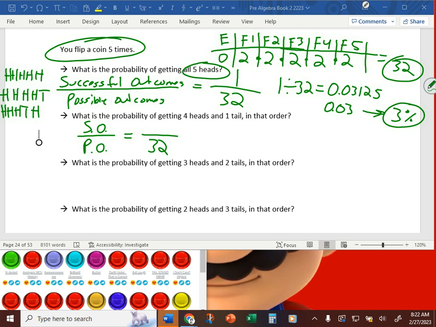But now the probability of getting 4 heads and a tail in that order means that we want specifically a head, a head, a head, a head, and a tail. In that order. How many of those 32 outcomes would come up head, head, head, head, tail?